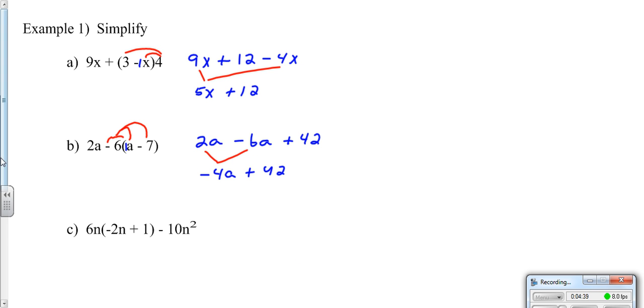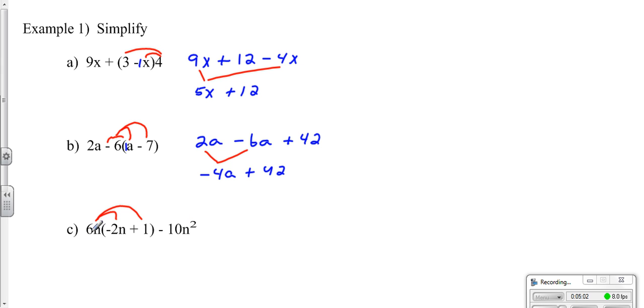Alright, C, we're going to distribute 6n. Now this is not just a number, but a number and a letter. So we got to take it times both, just as we did before. Notice the negative 10n squared is not in the parentheses, so we don't have 6n deal with that one.